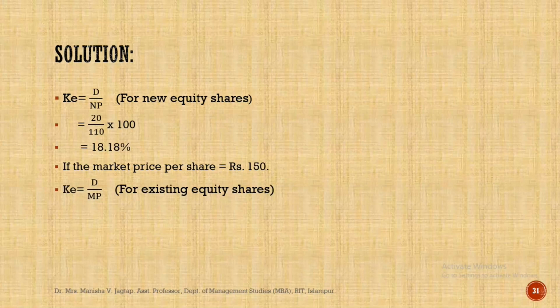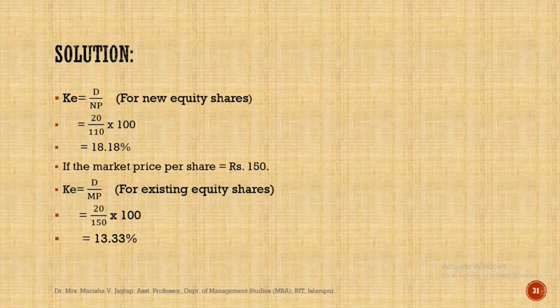Now by applying the formula for existing equity shares, it is already given that the market price is 150 per share. So we will put that figure. So you can see here dividend remains the same, 20 rupees divided by 150, the market price given in the example, and here the answer is 13.33%.